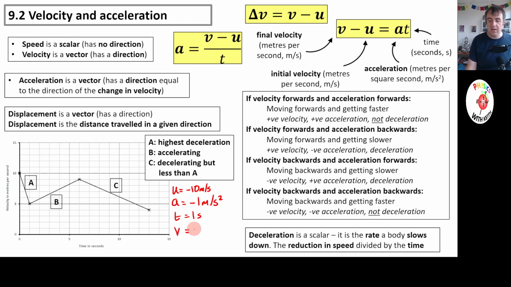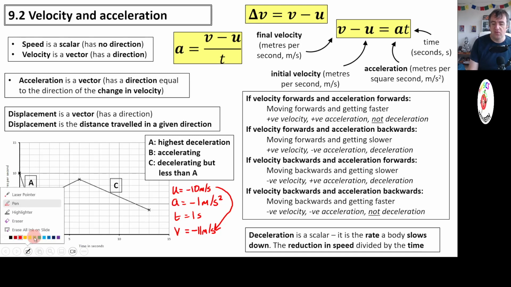So negative 10 plus negative 1 is negative 11 meters per second. So I have a negative acceleration, but I have got faster. Yes, I'm moving backwards, but I'm still going faster after the acceleration. So negative acceleration, but definitely not deceleration. I'm getting faster.